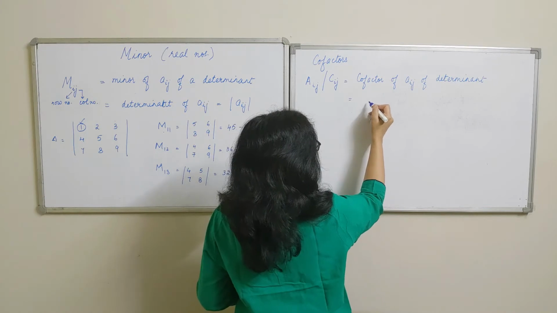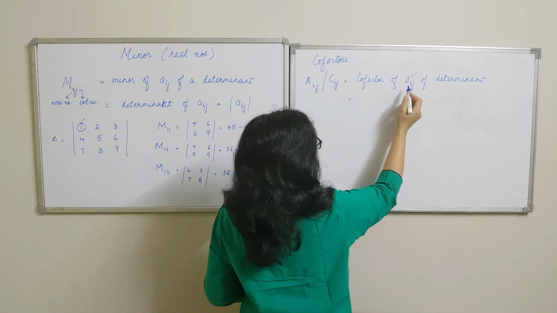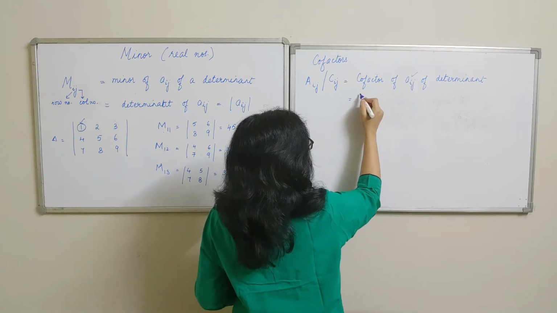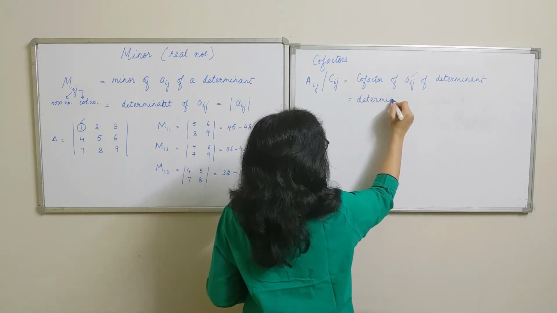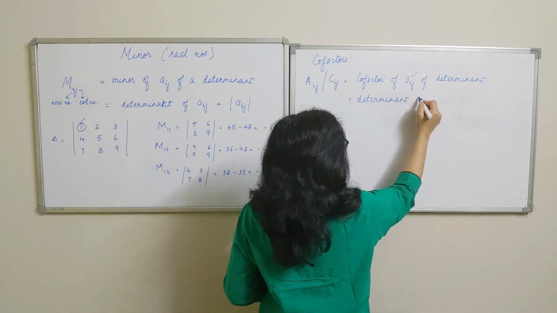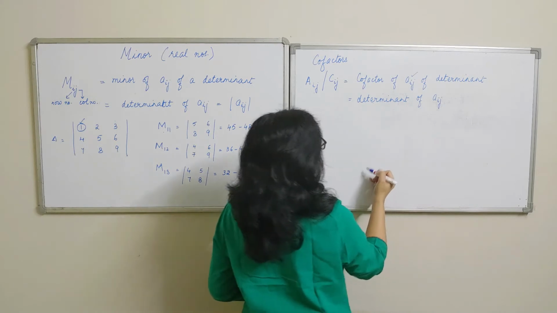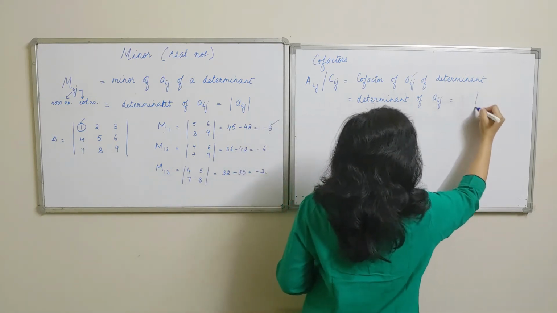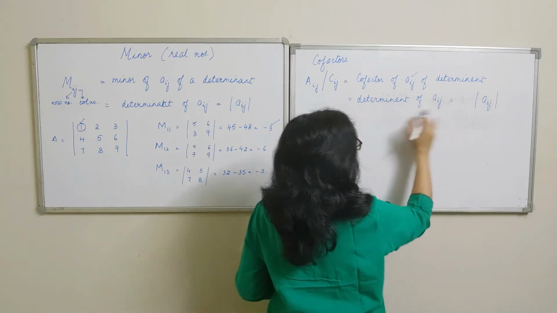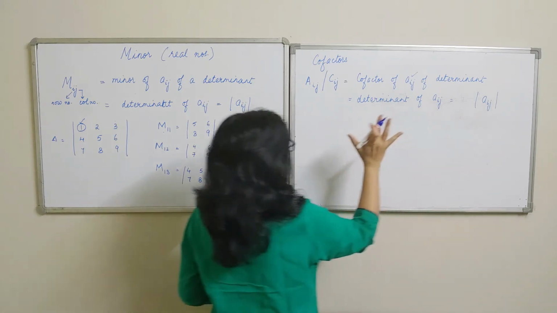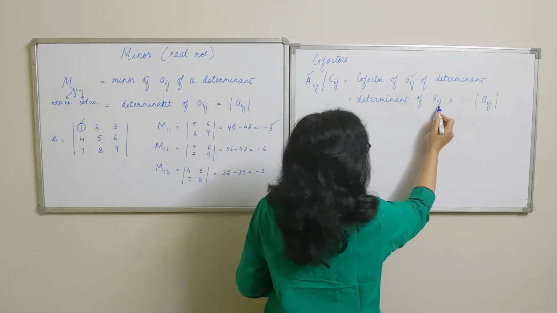And how do we find that cofactor? That cofactor is found as the determinant of this element, and we represent it like this. But you have to notice, for a cofactor it is not simply the determinant.